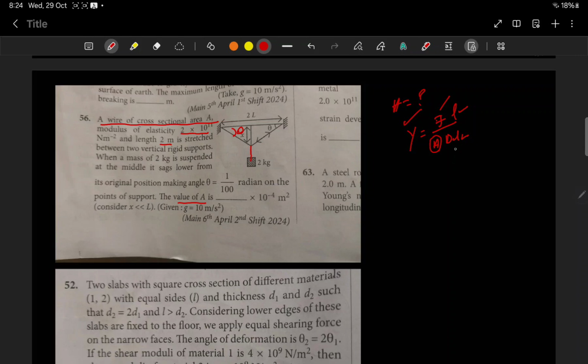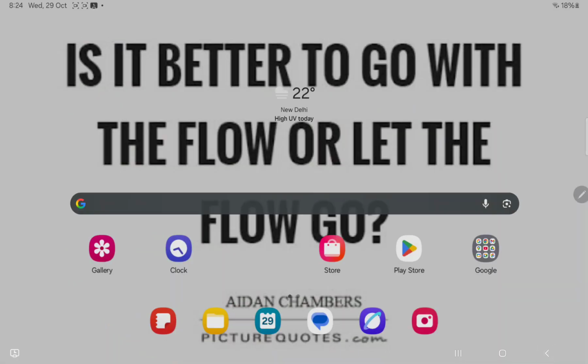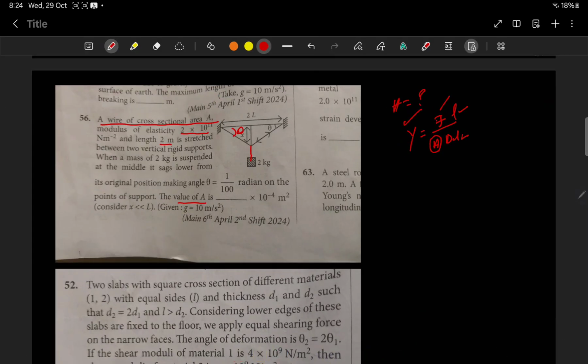So first we find the change in length. If you see in this diagram, initially the total length is 2L.